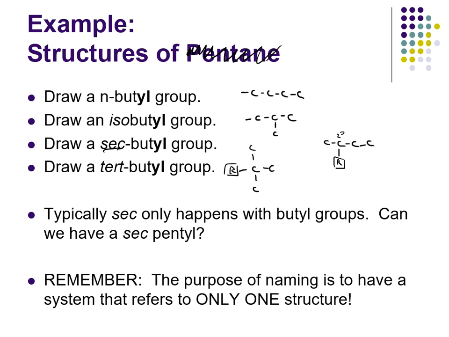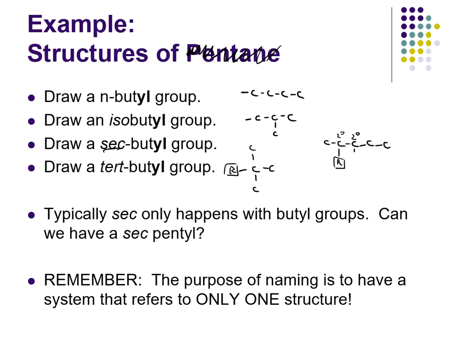Next, the note down here below says, note, sec only happens with butyl groups. Can we have a sec-pentyl? And the answer is not really, and here's the reason why. If we have 5 carbons in total, this could be a secondary carbon, but this also could be a secondary carbon, right?